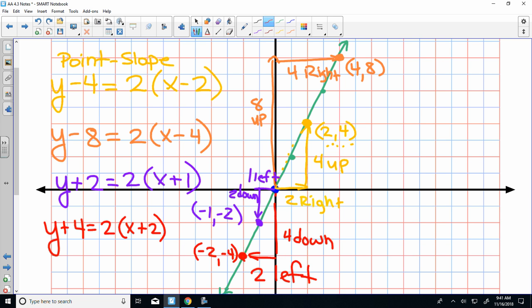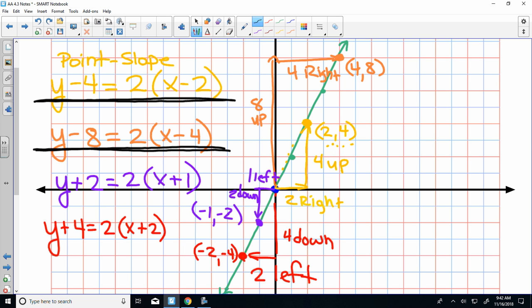Now, because of that, 2 to the right and 4 up, look at our equation for that particular point. And if you look at the orange dot, it was 4 to the right and 8 up. Look at that equation for the orange dot.